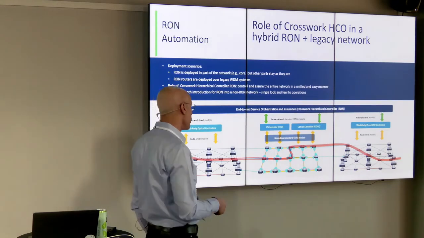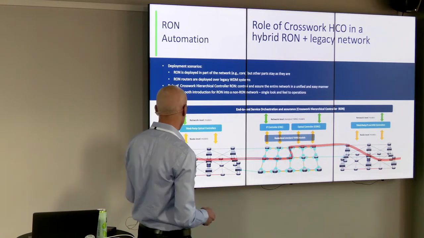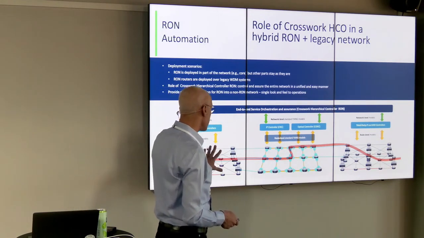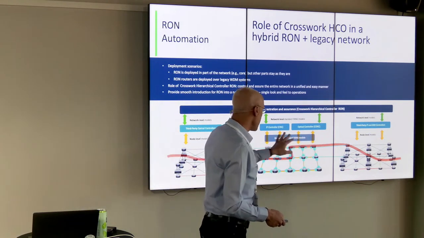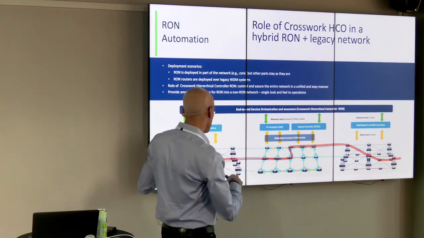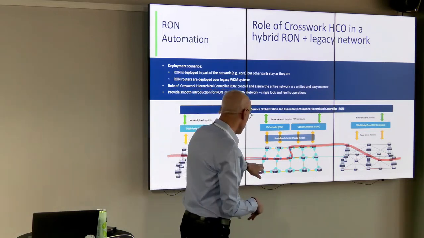Now, when we look at the network view and the role of the HCO there, we have the optical controller, the optical network here, and an IP network, and they're all layered. So when you get a view, actually you have routers with the pluggables. They are connected to each other.